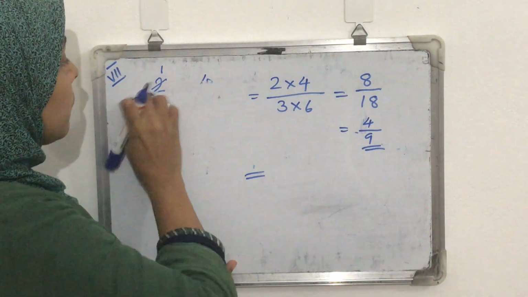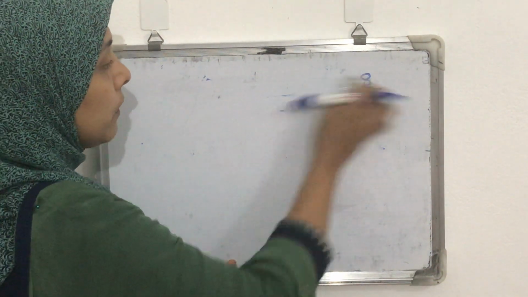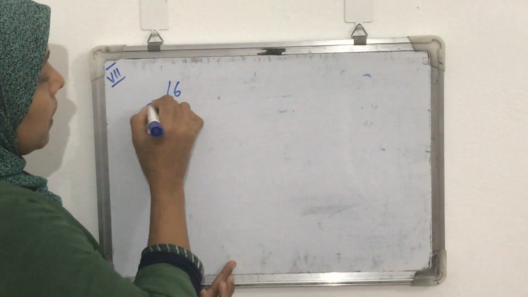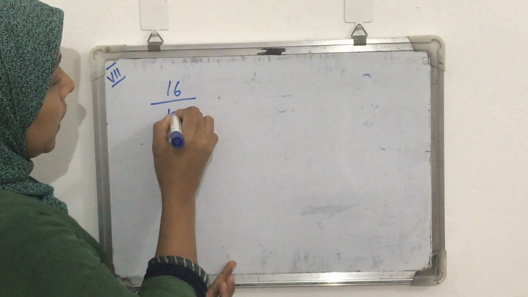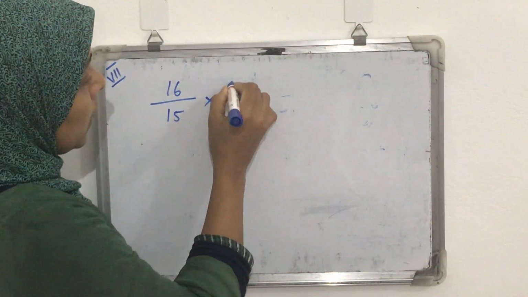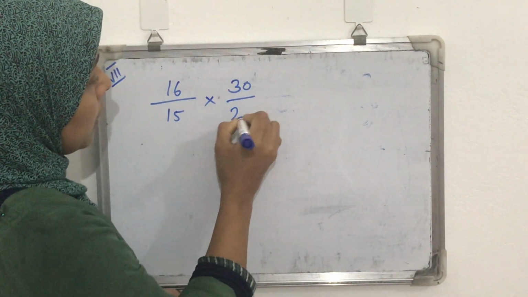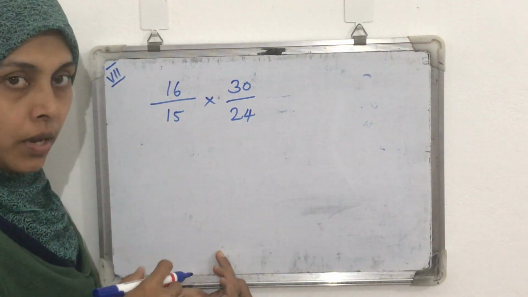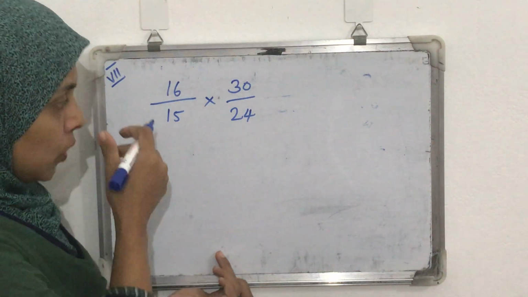Now look at another two fractions: 16 by 15 into 30 by 24. If you want to multiply these two fractions, first check any numerator and denominator.